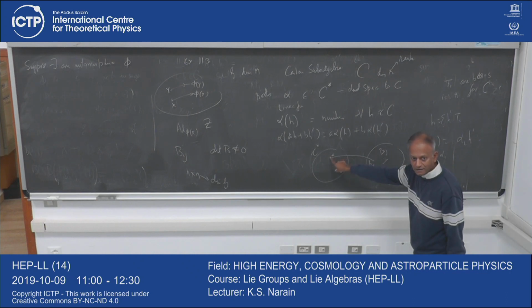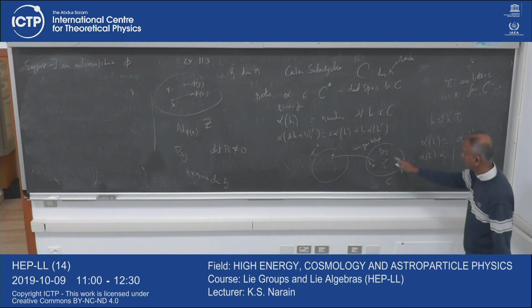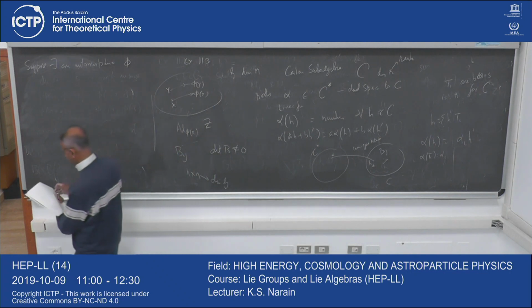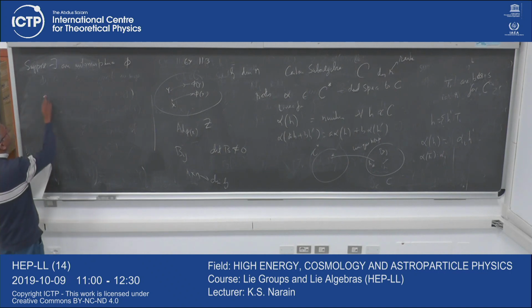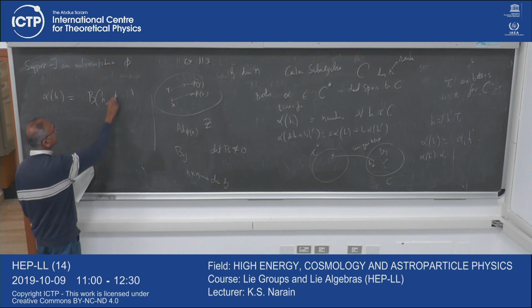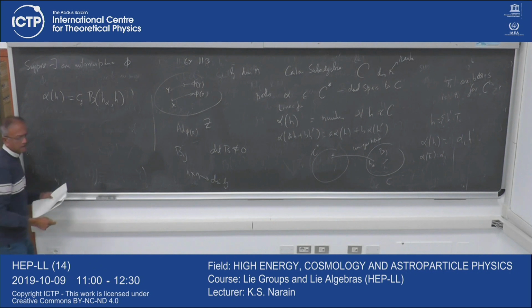So I can give a unique map using the Cartan-Killing form, and that map is defined in the following way: alpha of h is nothing else but B evaluated between H_alpha and h, up to some constant number.